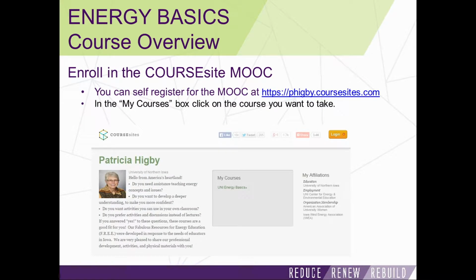You can self-register for this MOOC at phigby.coursesites.com. This will bring up my website, and in the My Courses box, you can click on the course that you want to take. Here we're just showing UNI Energy Basics, but we'll be adding more shortly.